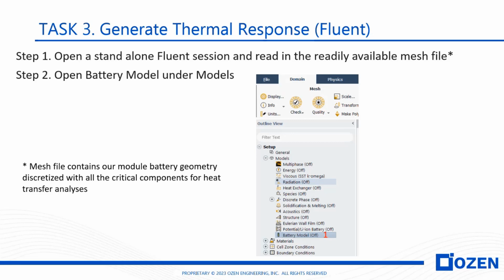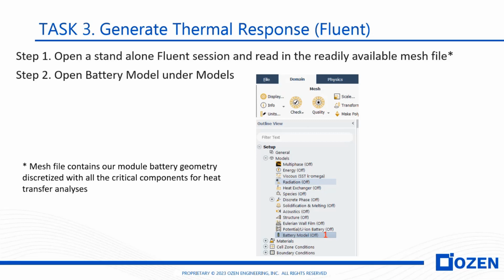So at this point, we have a mesh of our battery module with details of the geometry of the fluids, if available, and the solids, all the detailed components, TIMs, tabs, the cells themselves, that should be modeled. The assumption here is that you already have a good understanding of this and have built a valid mesh file that is appropriate for CFD use. So we open our mesh model.